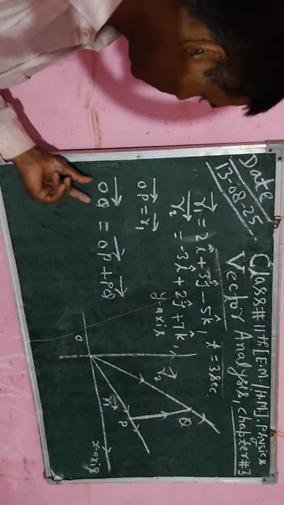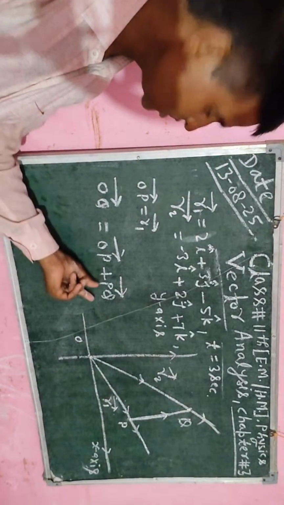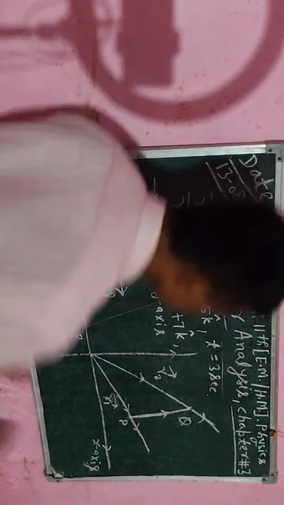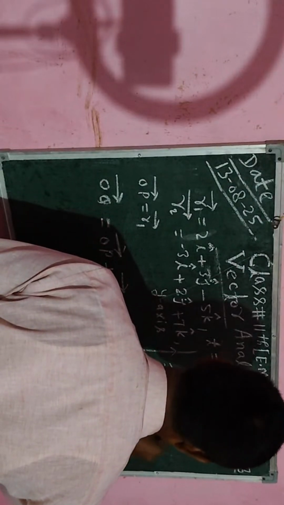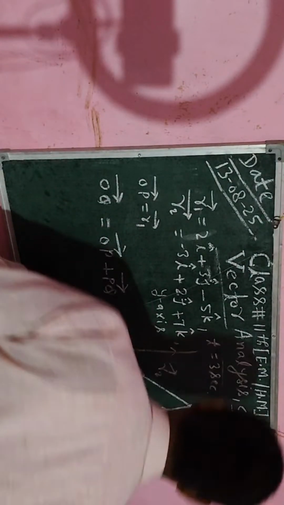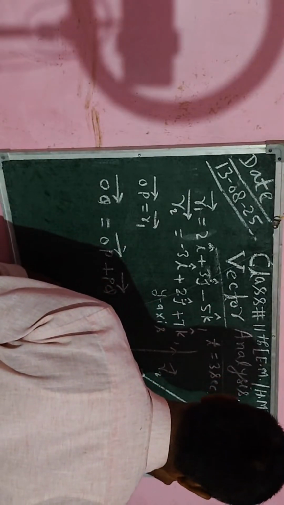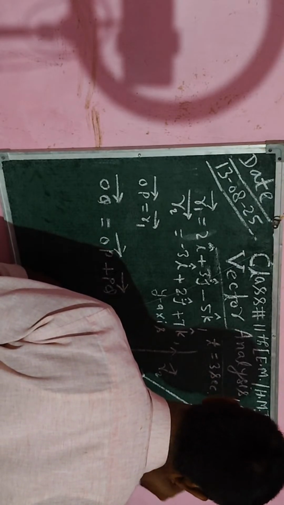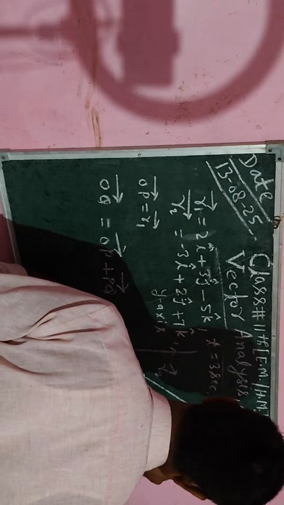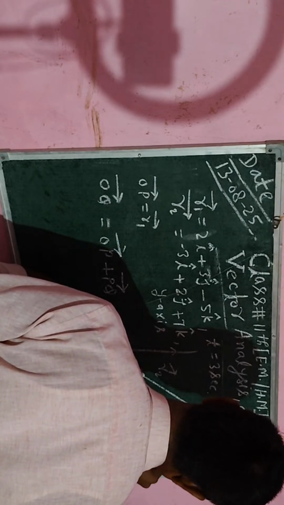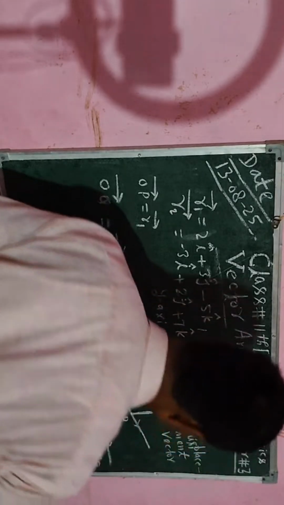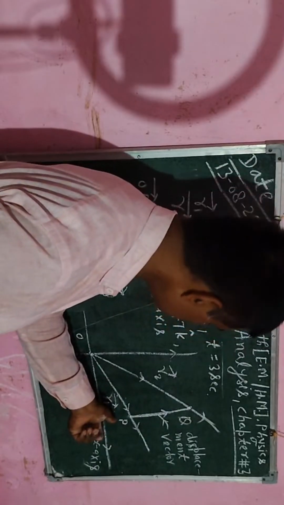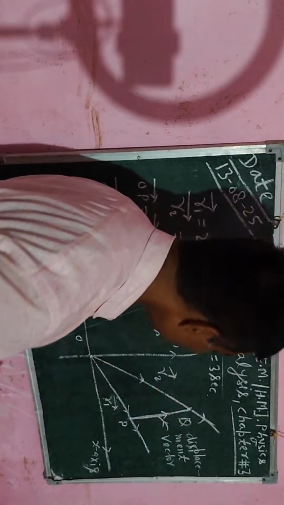So here I have written OQ vector which is equal to OP vector plus PQ vector. We have to find the value of PQ vector. Now this vector is also known as the displacement vector. PQ is the displacement vector, and OP is the position vector, and OQ is also the position vector.